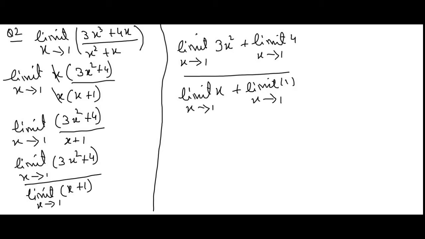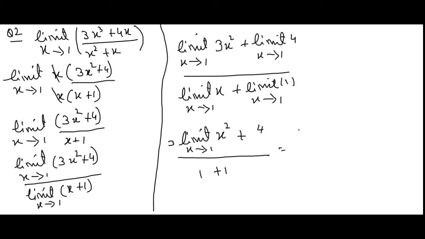Now taking 3 outside, which is a constant, so 3 limit x approaches to 1, x square plus 4, where limit x approaches to 1 of 4, and 4 is a constant, so the value of the 4 will remain the same, no effect on it. So over 1 plus 1.